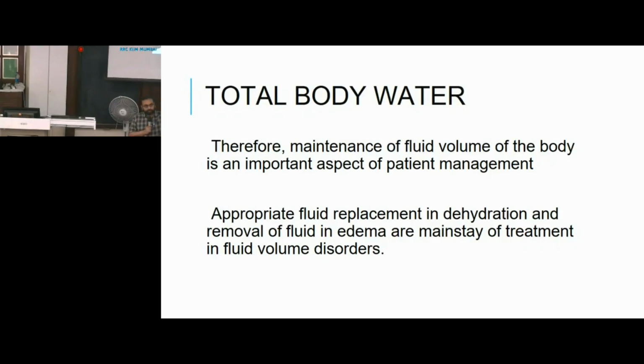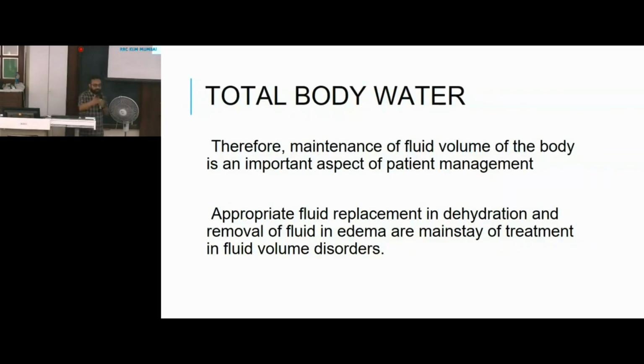Where is the majority of fluid? Here. If this person is like this, the fluid goes to this side. It depends on what the person is doing, and the nature of water is that it will always flow downwards to the dependent part.